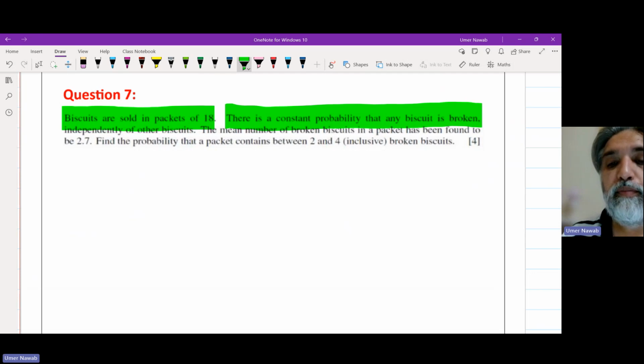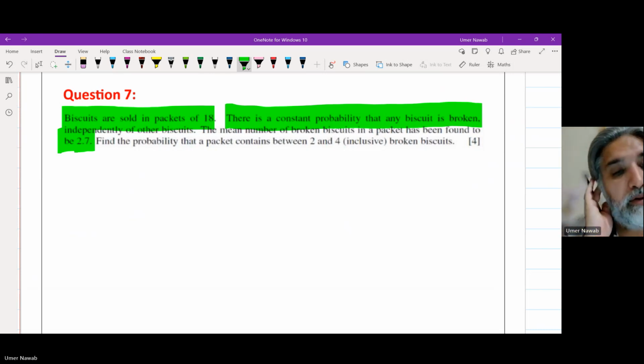The mean number of broken biscuits in a packet has been found. So biscuits are sold in packets of 18. Every packet has 18 biscuits. And the mean number of broken biscuits is 2.7. He did not give you the probability of success.